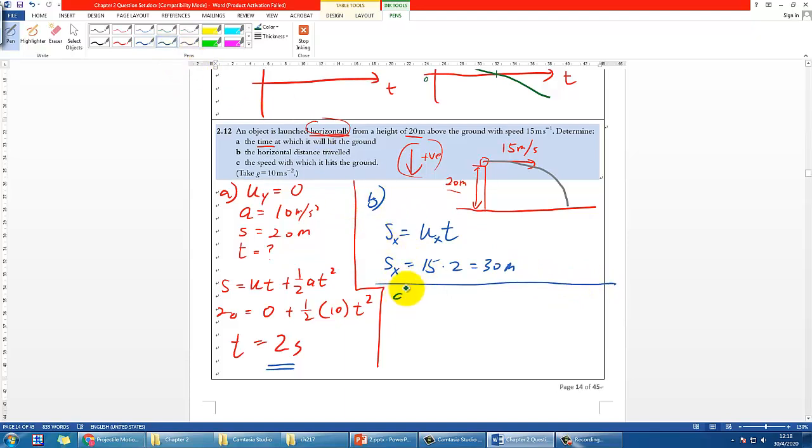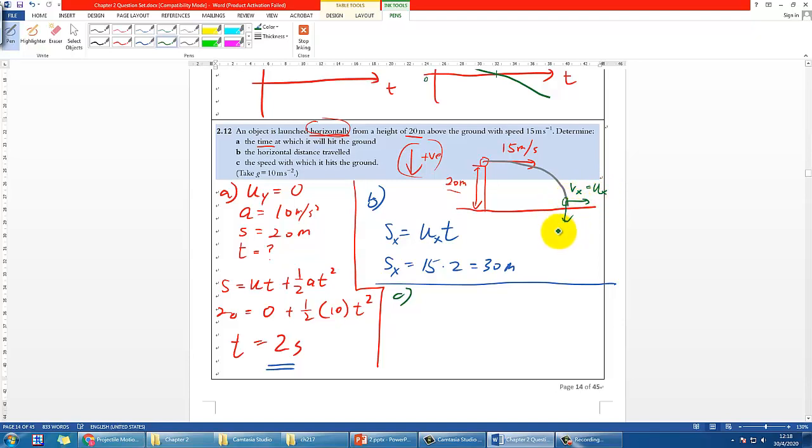So that is part B. Part C, the speed it will hit the ground. When you are approaching the ground, before it literally hits it, you have two components of velocity. One is the original horizontal velocity, which I call Vx, which is also Ux.